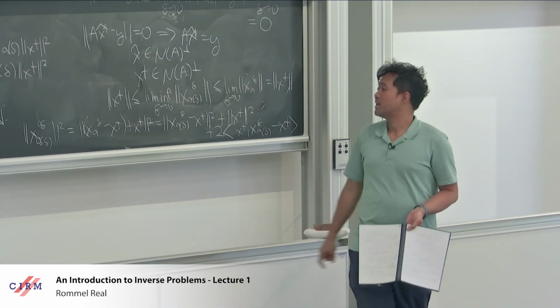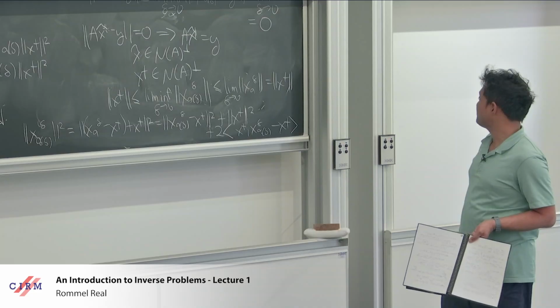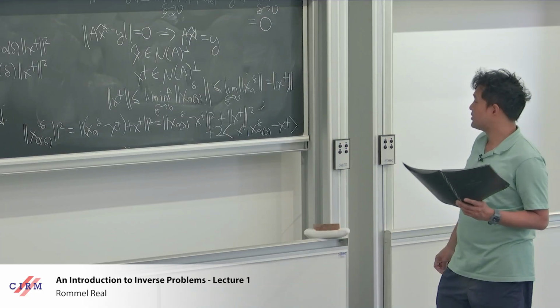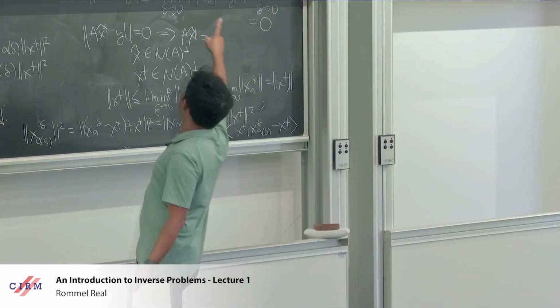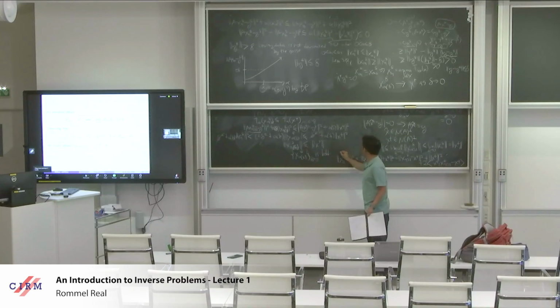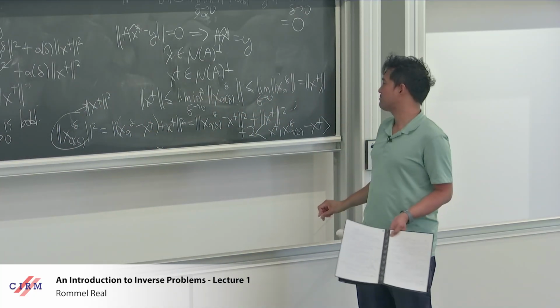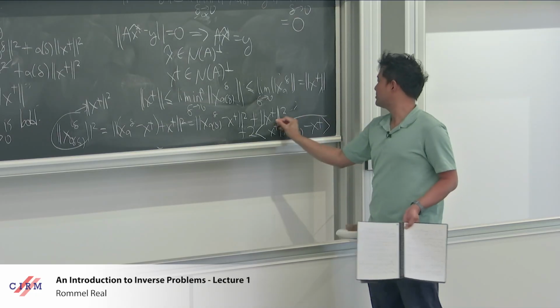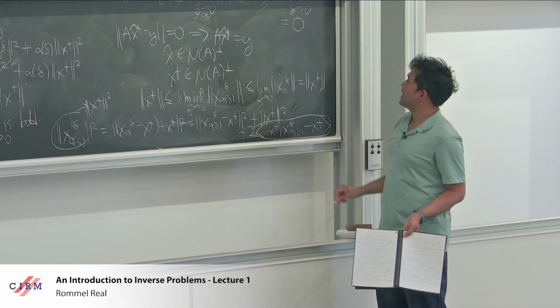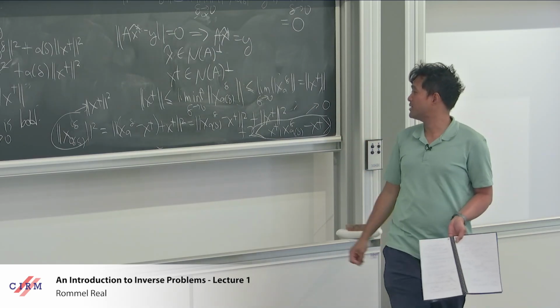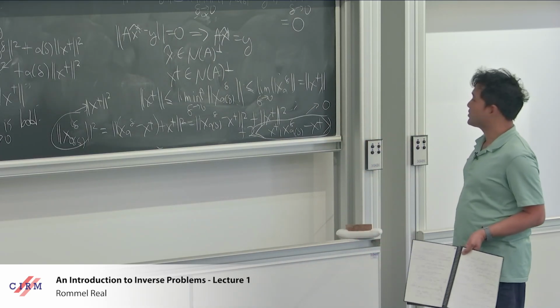Now how do we get the strong convergence? It's like this. Note this one: from our previous result, this goes to x dagger. And this inner product, by weak convergence, converges to 0 as delta goes to 0.